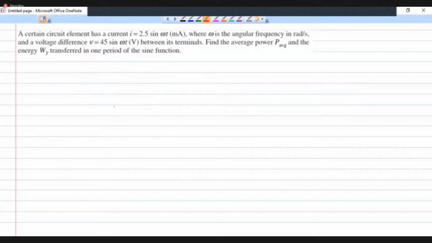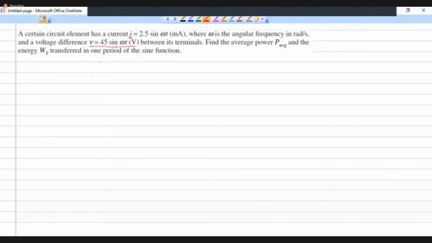A certain circuit element has current i is equal to 2.5 sine omega t. See, i is written in small case because we are talking about the instantaneous current here, where omega is called the angular frequency in radians per second, and the voltage difference v is equal to 45 sine omega t between its terminals.